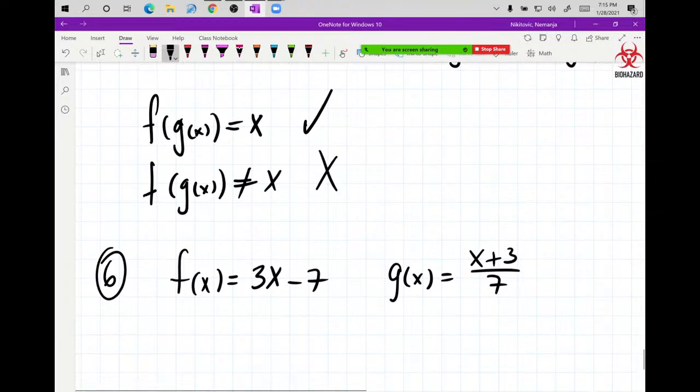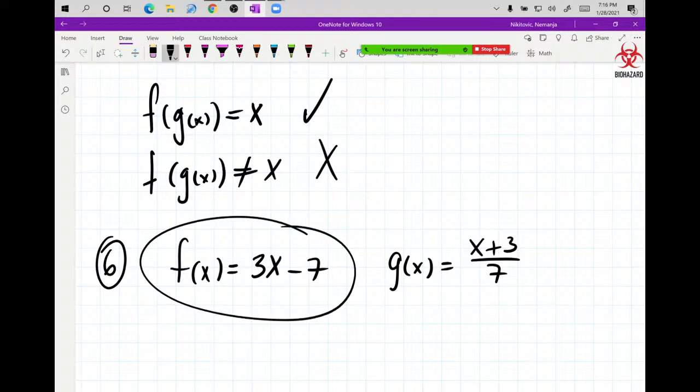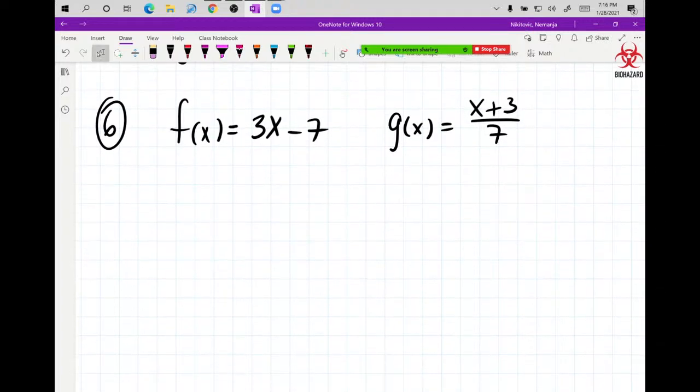Are these inverses of each other? So you have a choice now. Do the function composition and see if it's x, and if it's not, they're not inverses. Or pick one of them, find the inverse through that algebraic process, and then visually compare the inverse with g. You have two ways now to verify whether these two are inverses of each other.